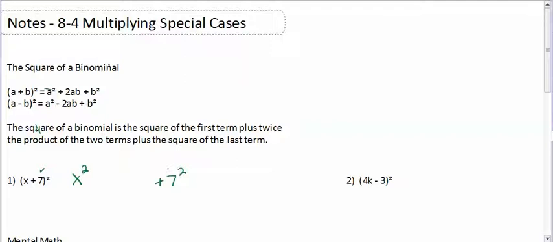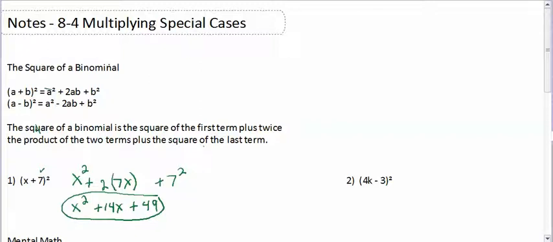I multiply 7 times x, which is 7x, and then take those two terms and multiply by 2. The sign that goes right here is the sign that's within the parentheses. So now I have x squared, 2 times 7 is 14x, and then 7 times 7 is 49, and that's my answer.